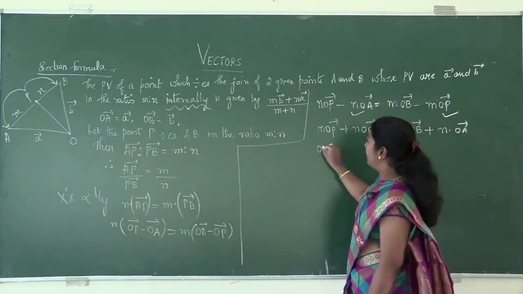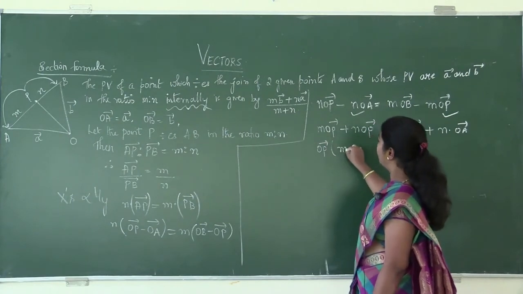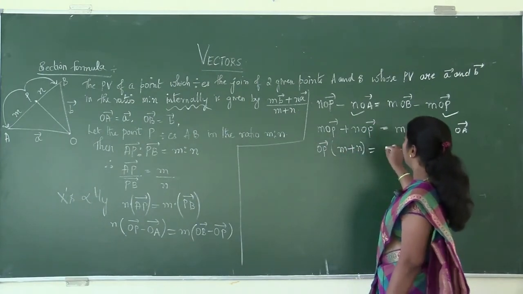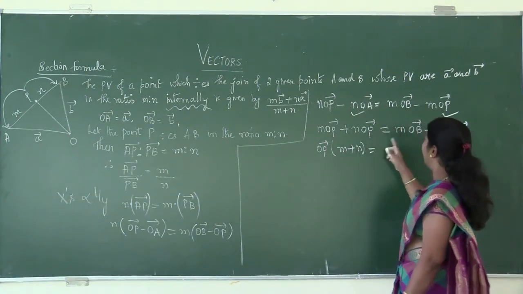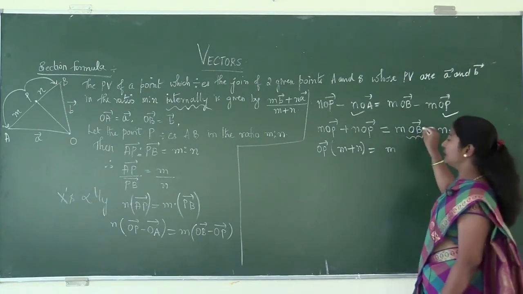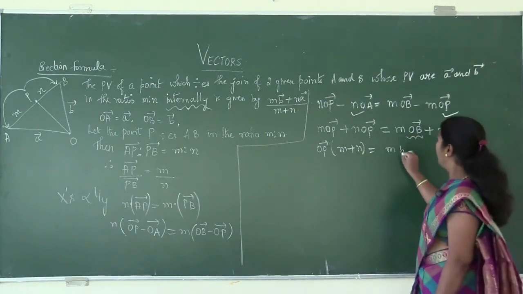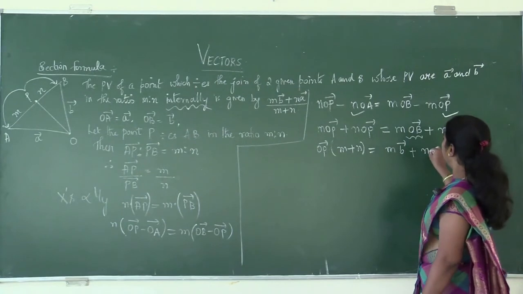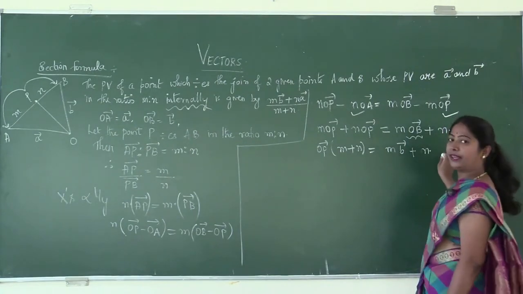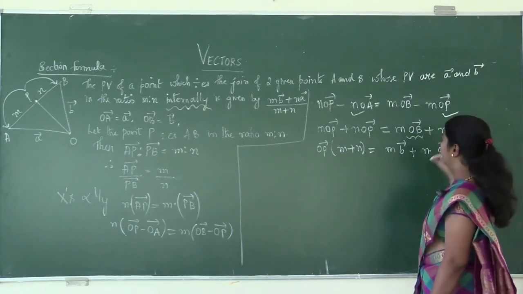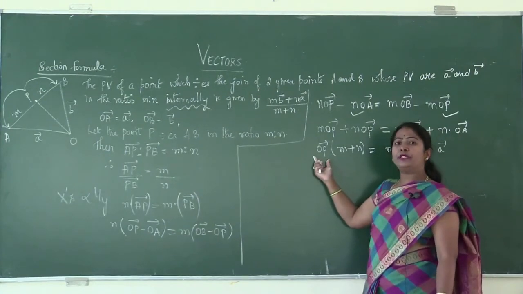I will take out vector OP as common, and what is left is m plus n. This can be written as m into vector OB, which is vector B, plus n into vector OA, which is vector A. What does vector OP geometrically mean?